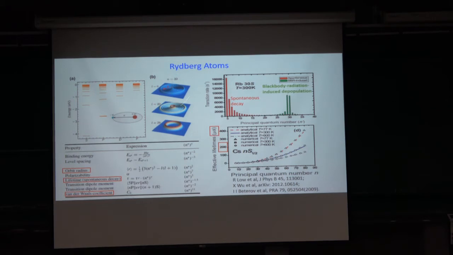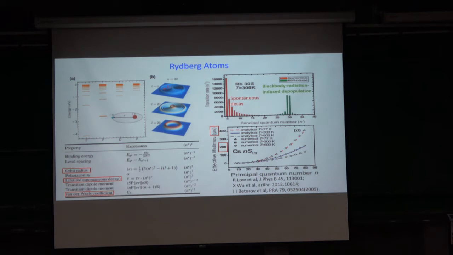And in the Rydberg state, electrons are moving quite far away from the nucleus, so their size is quite big. It scales like n squared of the principal quantum number. And the most important of all is that the transition dipole moment, or electric dipole moment, can be quite large. So if you have two Rydberg atoms, they can interact through dipole-dipole interaction.